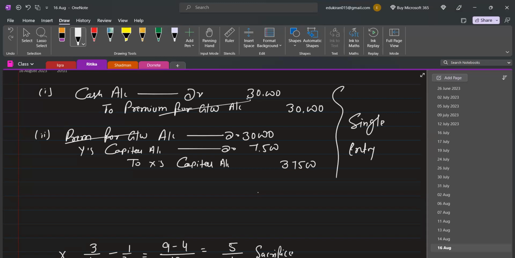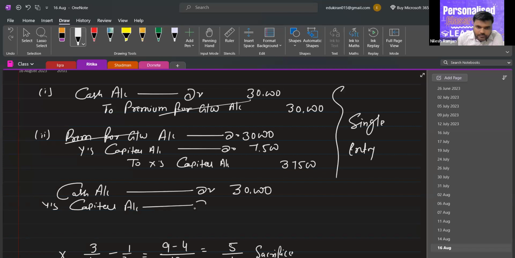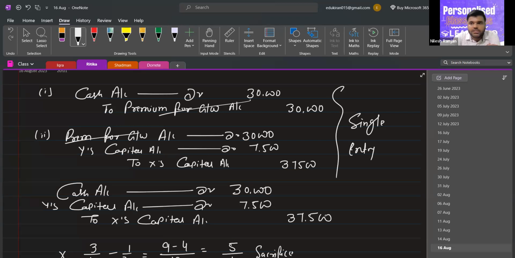So now the balance part is cash account debit 30,000, Y capital account debit 7,500, and to X capital 37,500. Is this clear? Yes, sir. So this is how we will pass the combined entry.